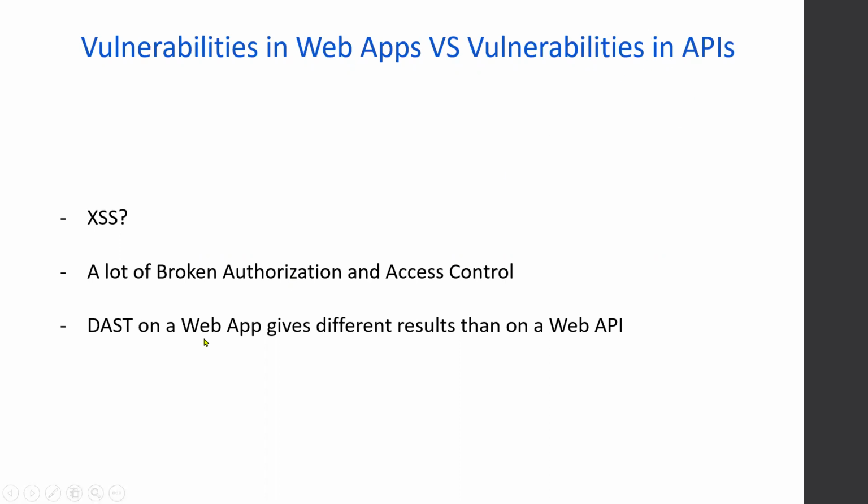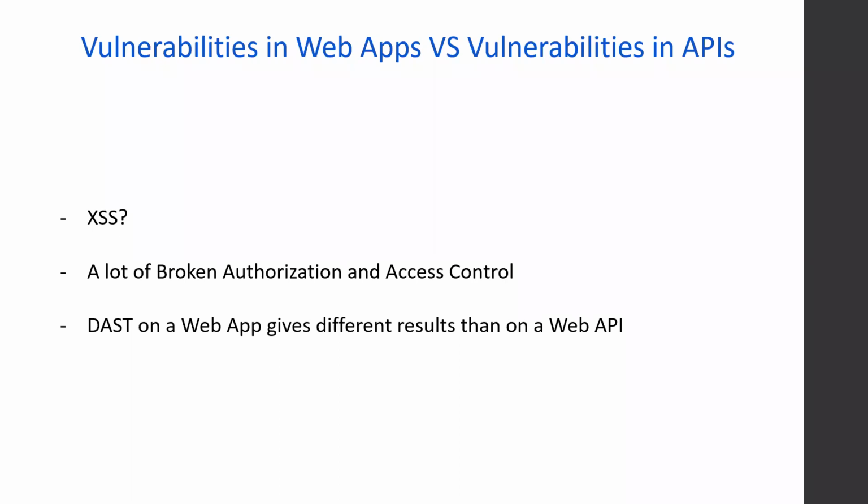Again, as a company or as a tester or as a security enthusiast, you might have used a lot of tools that test web applications, or DAST tools, we can say. These, I believe, have improved over time with respect to web applications rather than web APIs, because testing APIs requires a lot of different context as compared to web applications.